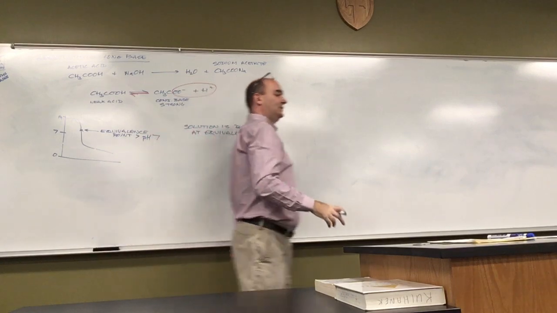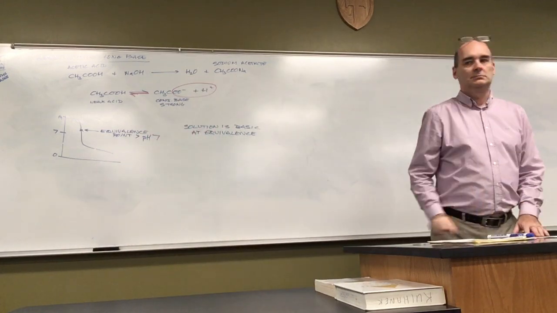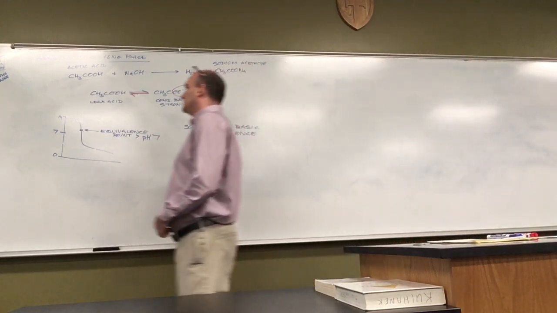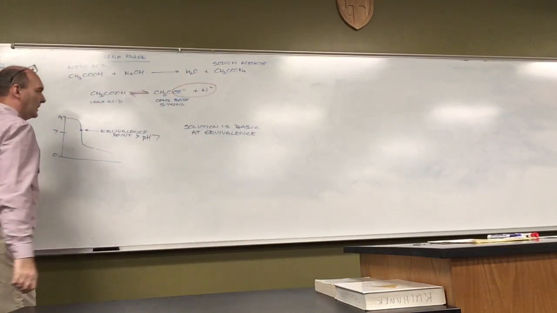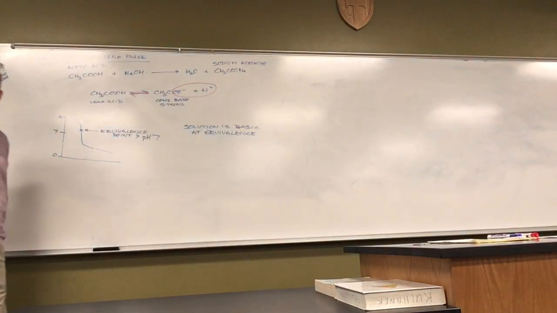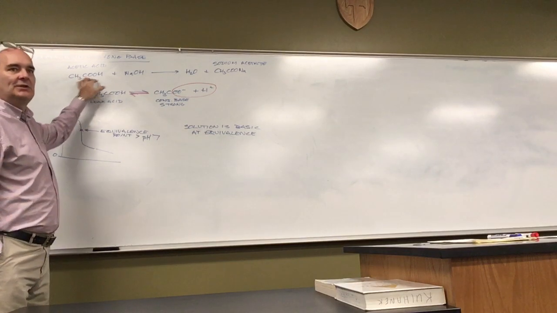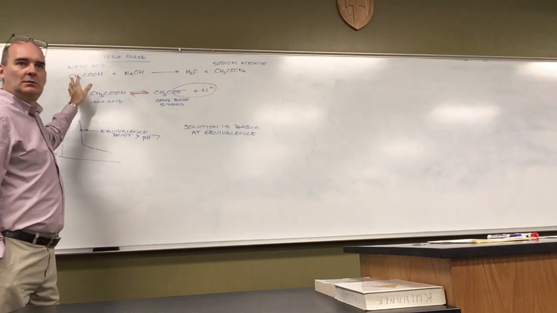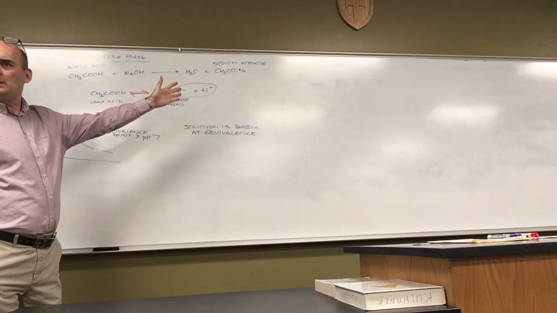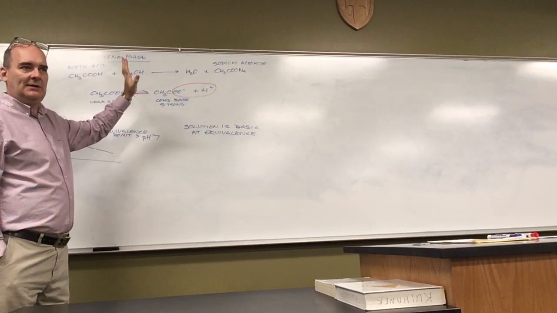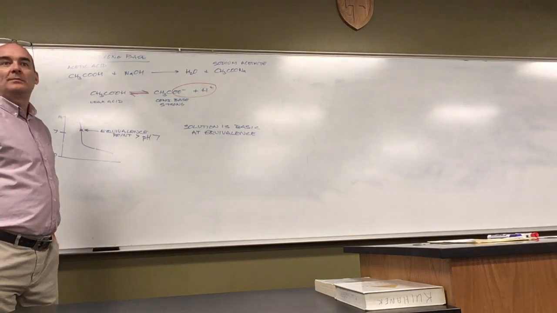So equivalence is equal numbers of moles of acid and base have reacted. And there's 2 ways of looking at that. There's just the simplistic way of this is a weak acid and that's a strong base, and therefore strong base is going to win and my solution should be basic.